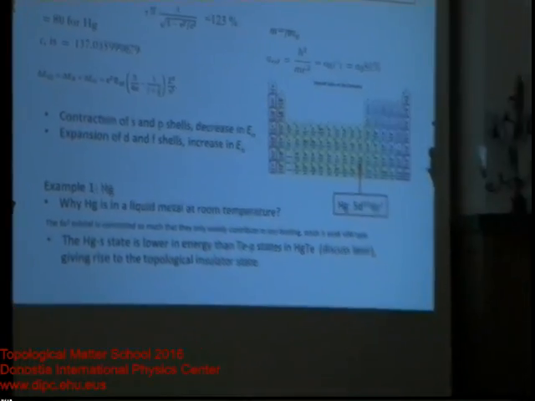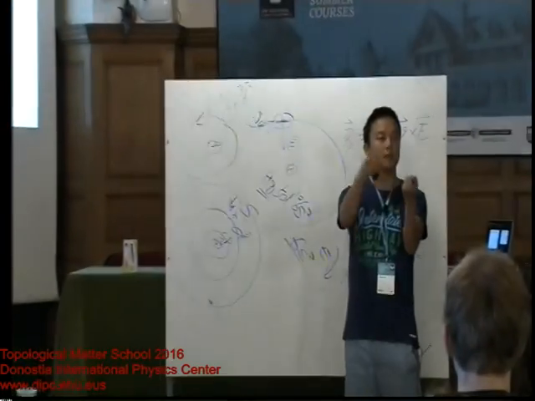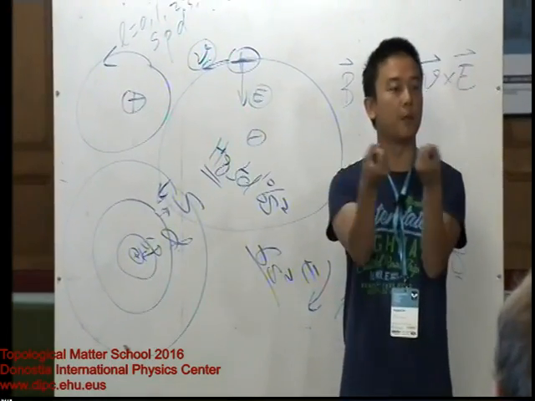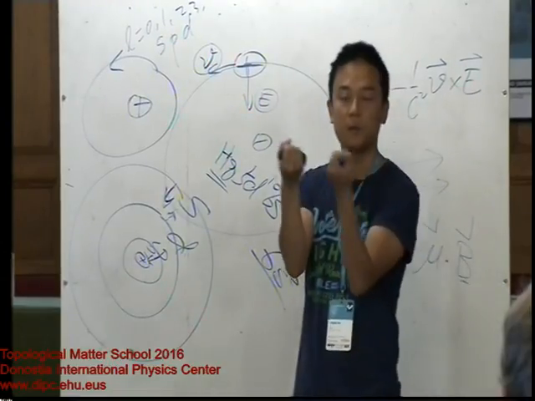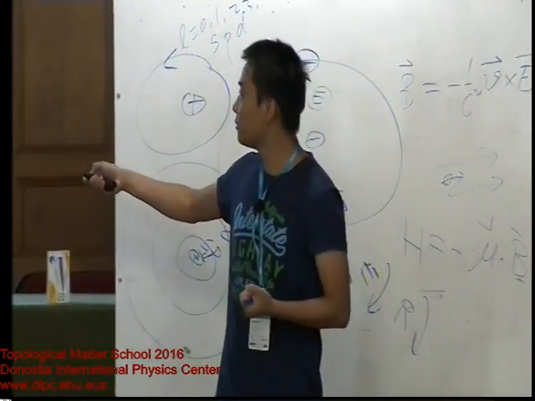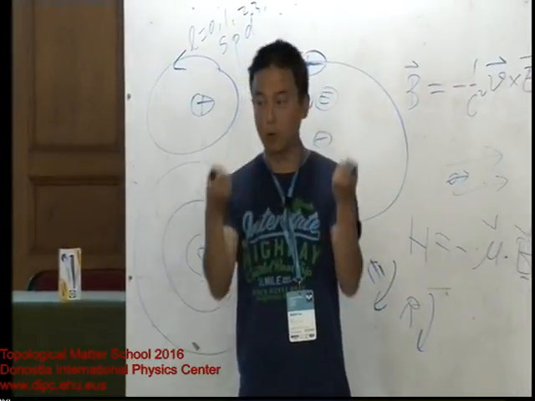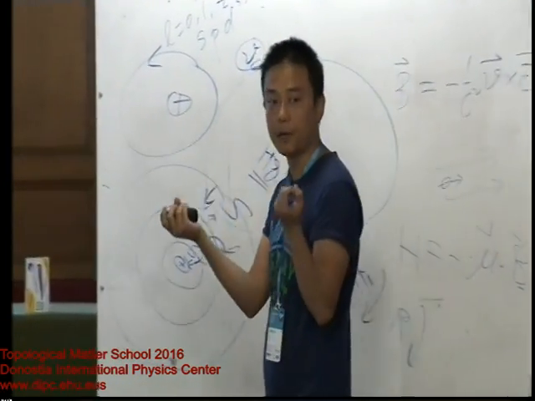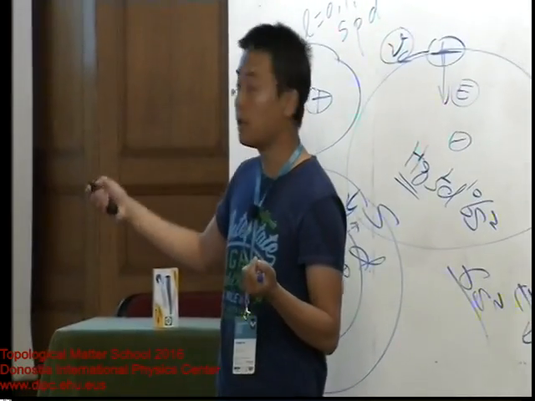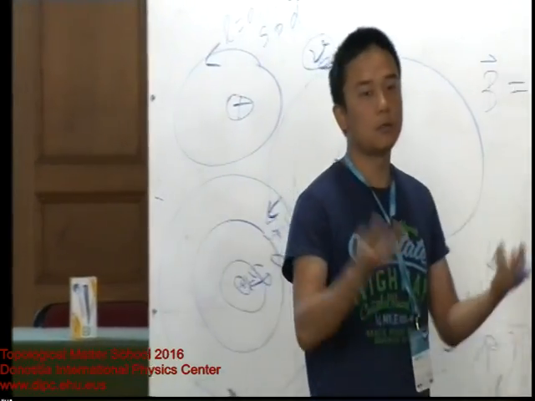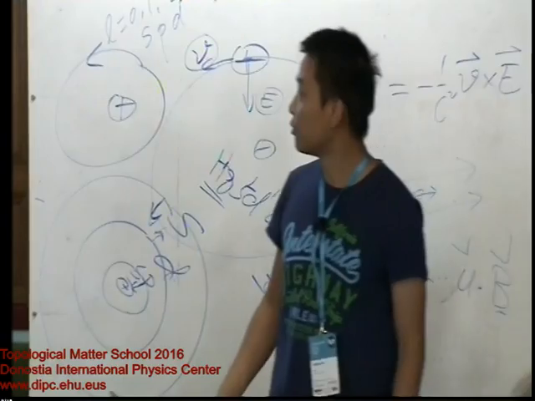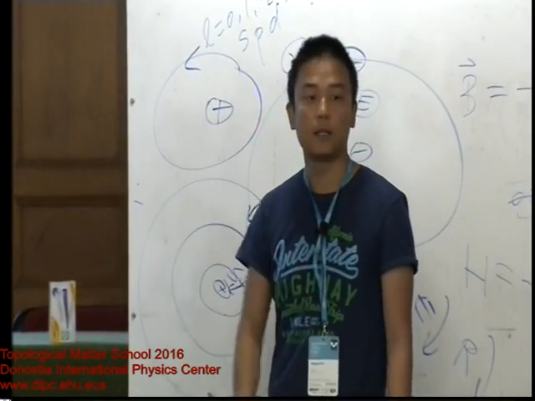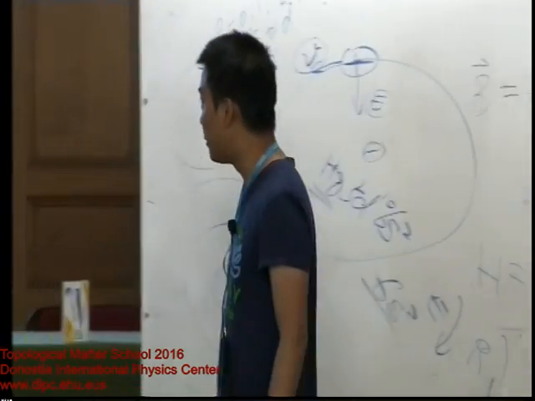Then if you put 2 big atoms together, there are not enough valence electrons to form chemical bonding. This bonding is much weaker. Between two mercury atoms, the interaction is mainly van der Waals, which is quite weak. Therefore, mercury doesn't form a lattice at room temperature, but becomes liquid.